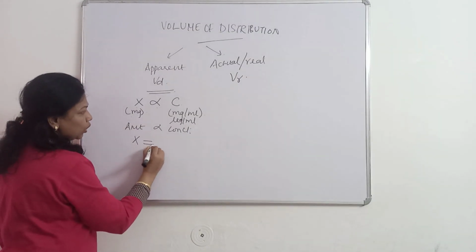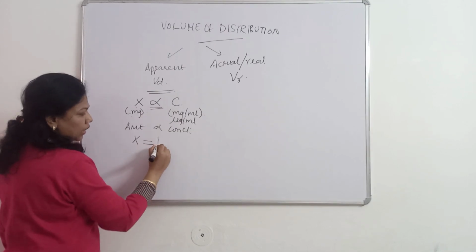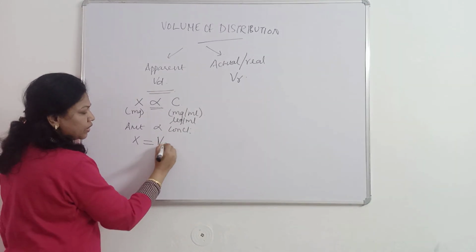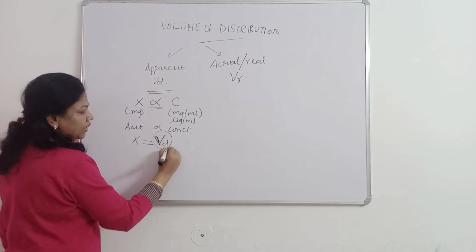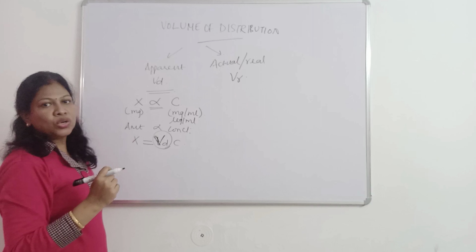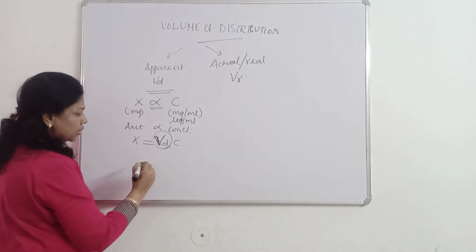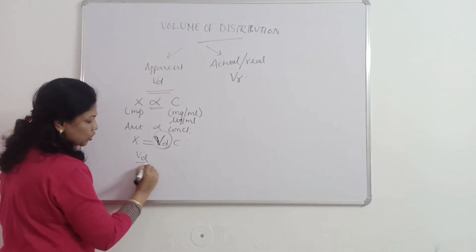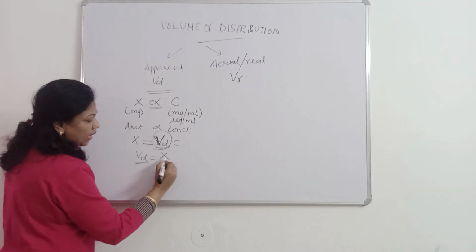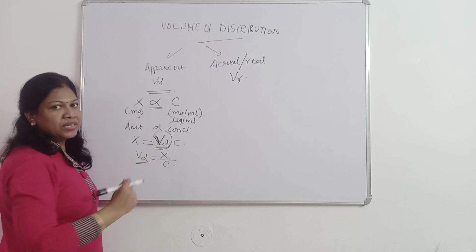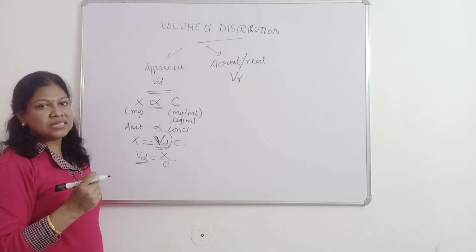When you equate this proportionality, it includes a constant. Generally we use K. Here the proportionality constant Vd, that is the apparent volume of distribution, is included. So the apparent volume of distribution is a proportionality constant relating the amount of drug with the plasma drug concentration.